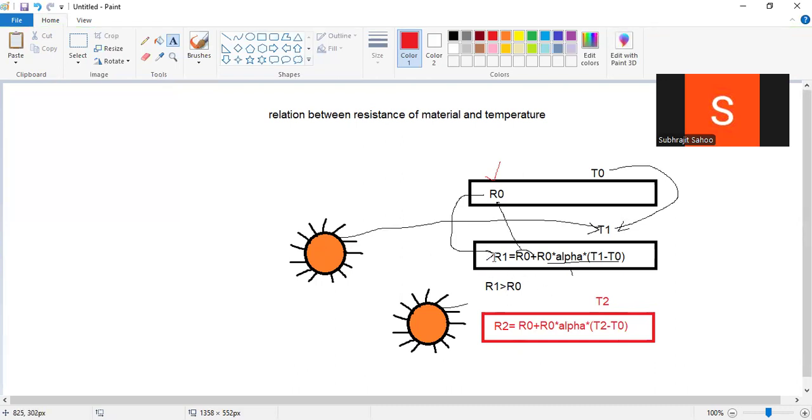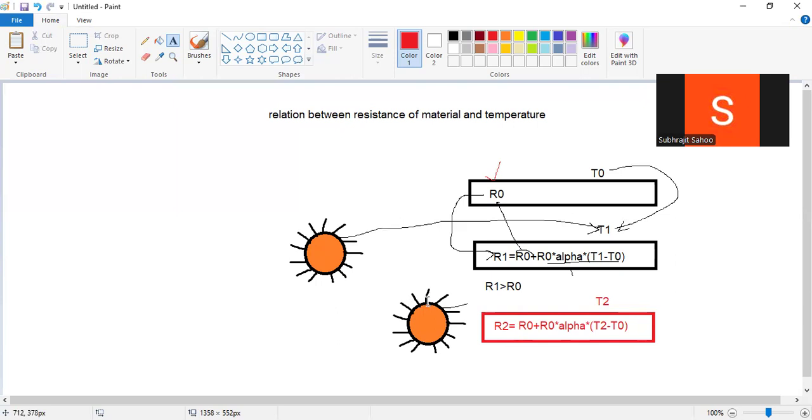Observe these two equations: R1 equals R naught plus R naught alpha into T1 minus T naught, nothing but the change in temperature. Here also the same formula, but a different situation I have taken. First case less temperature rise, second case more temperature rise.